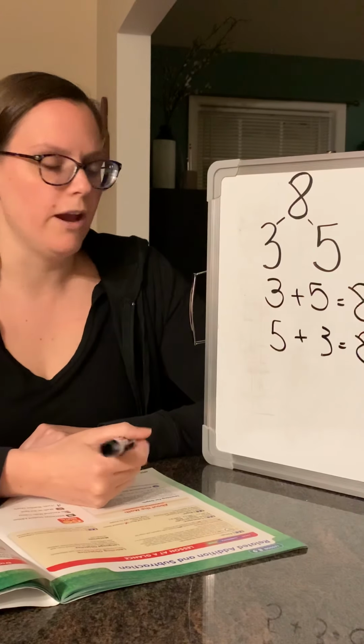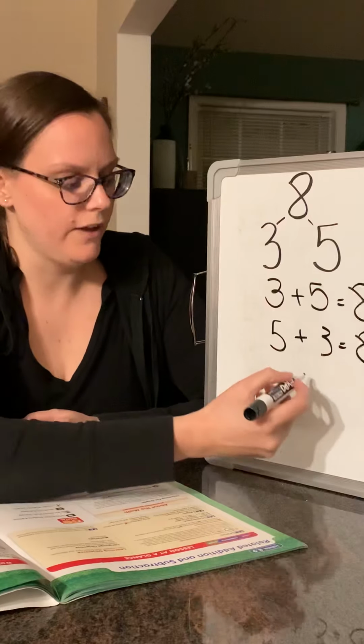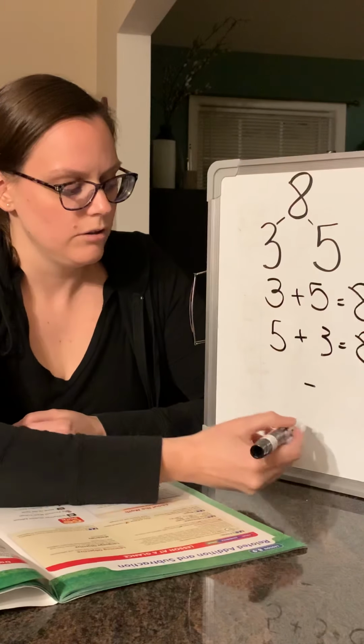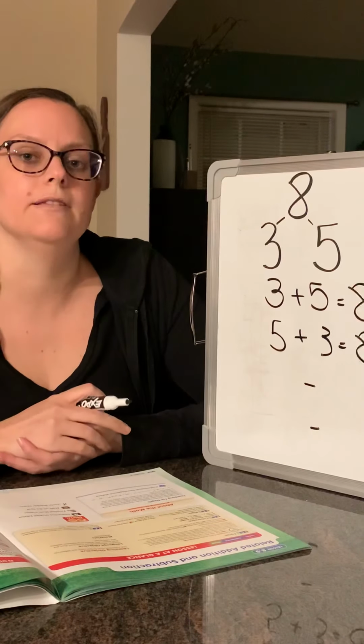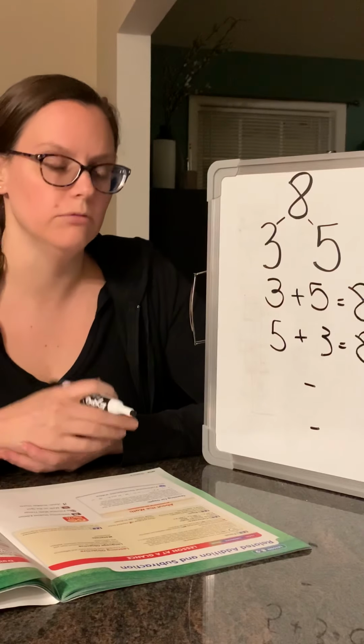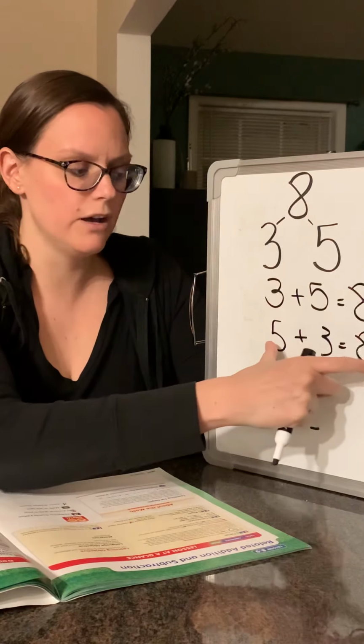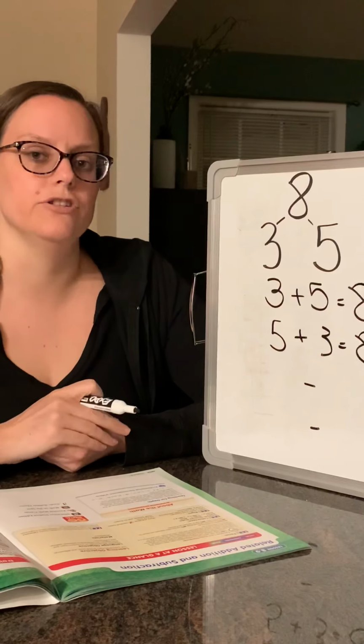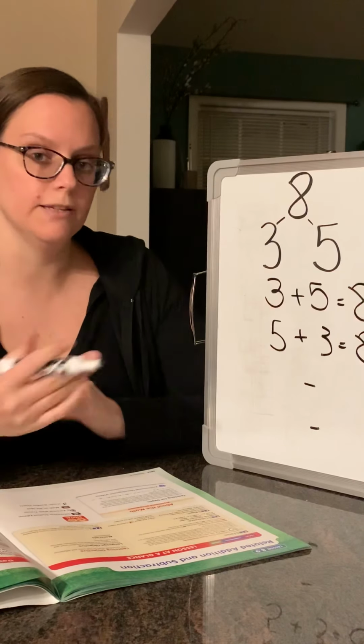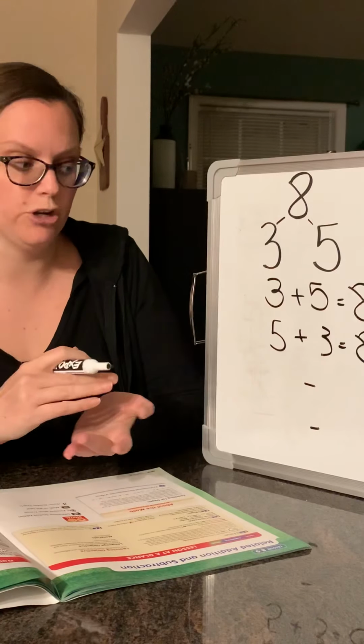Now here is where we talk about related facts. Our next two facts are going to be subtraction, and that's going to show how we can work backwards and kind of undo our addition facts by doing subtraction, because the opposite of addition is subtraction.